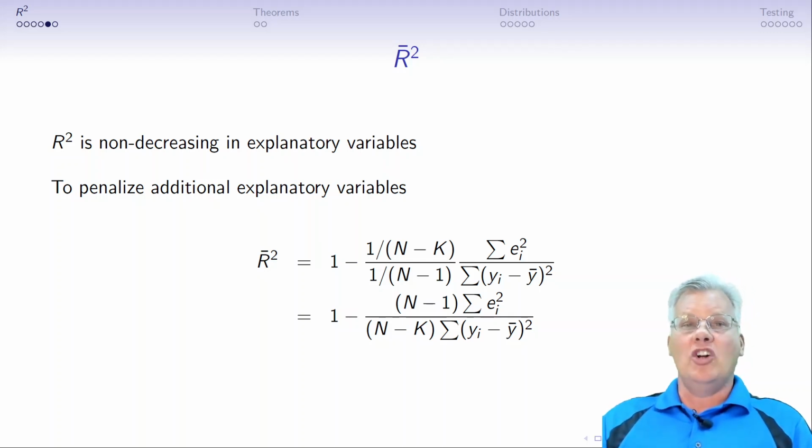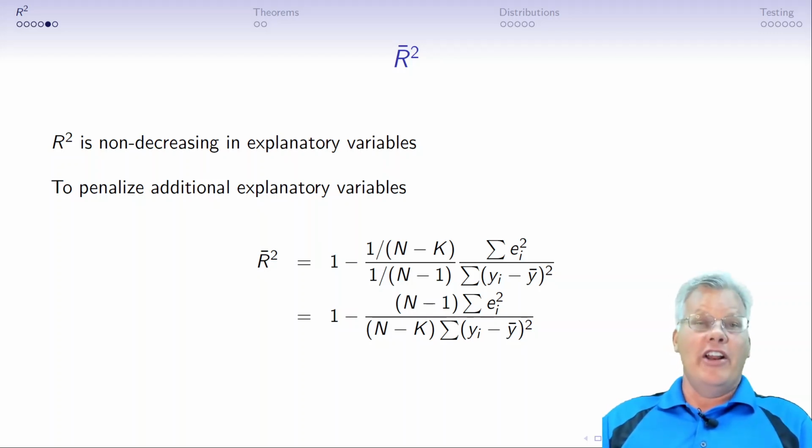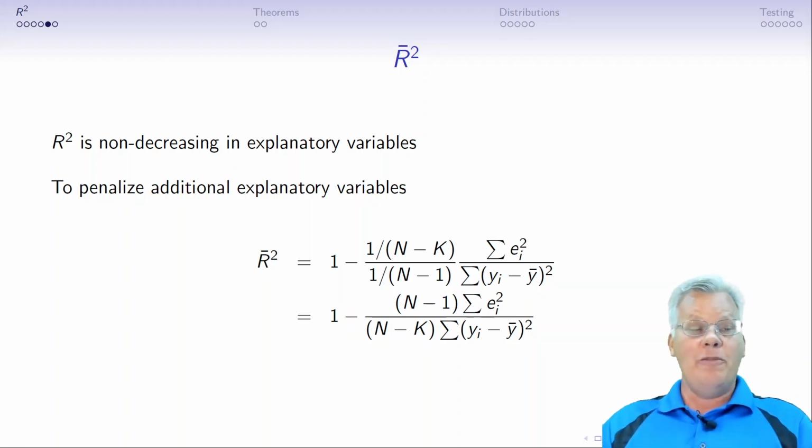What this means literally is that if you add explanatory variables that lack any economic merit or meaning, r squared can never go down. At best, it stays the same, but if you add any variable, r squared in all likelihood will go up. That's what it means. R squared is non-decreasing in explanatory variables. Could be the same or go up.